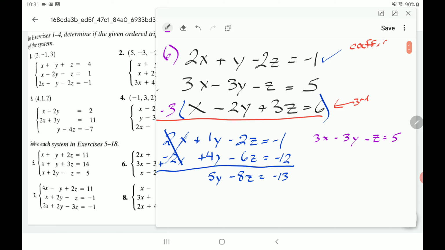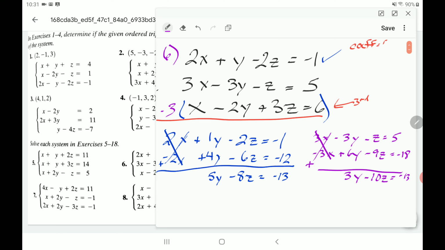And distributing the -3 through, -3x, positive 6y, -9z equals -18. So when I add these together, the 3's are gone. I'm left with 3y minus 10z equals negative 13.